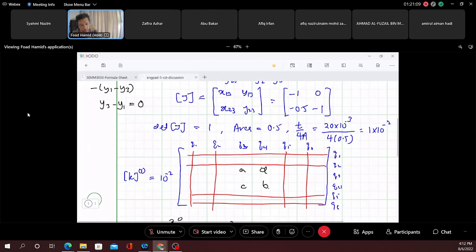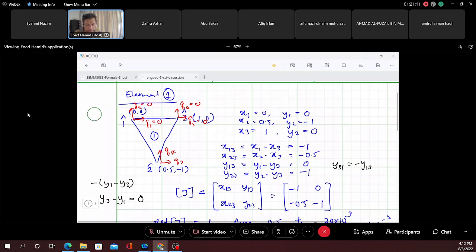And if you take a look here, using global coordinates, this is node 1 local, but if you look at our nodal connectivity table, this is global node 1, global node 2, and global node 3 based on our element connectivity table.